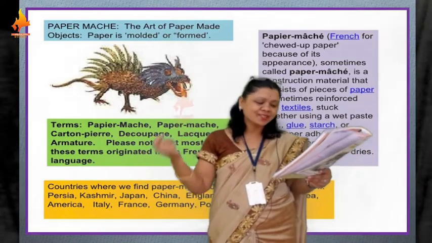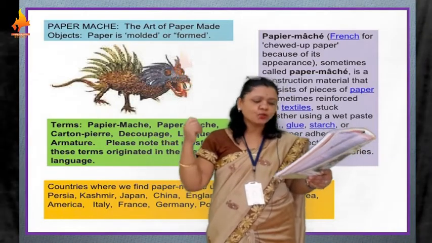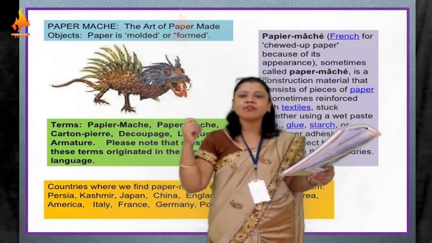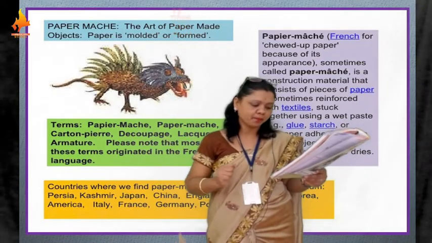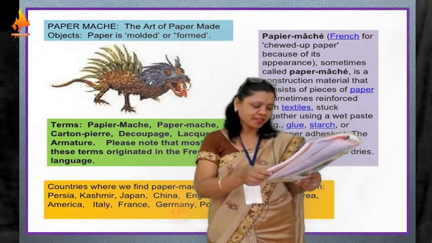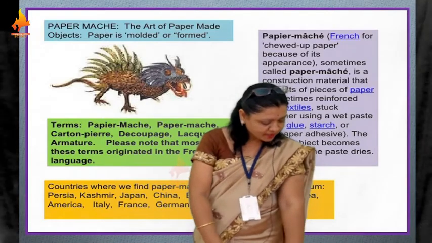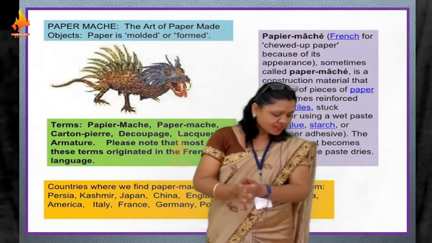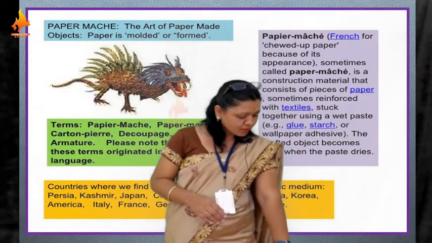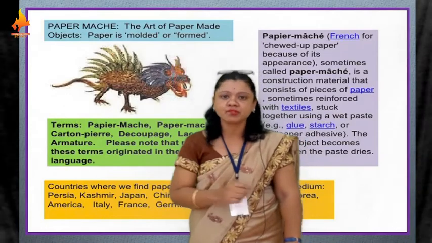It involves using shredded or torn paper and paste to construct sturdy, lightweight articles of any size or shape. What is astonishing about paper mache is the way old paper, that rather flimsy stuff, can be transformed through a process of mixture with paste into an extremely hard and durable project.